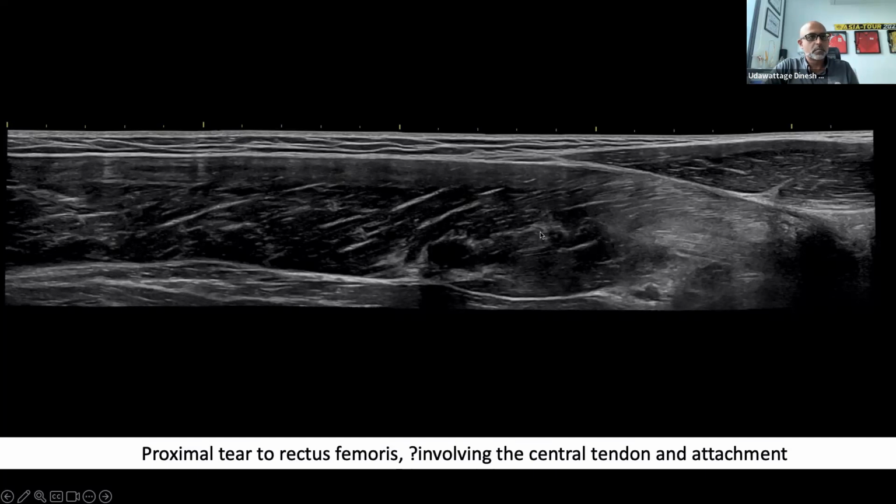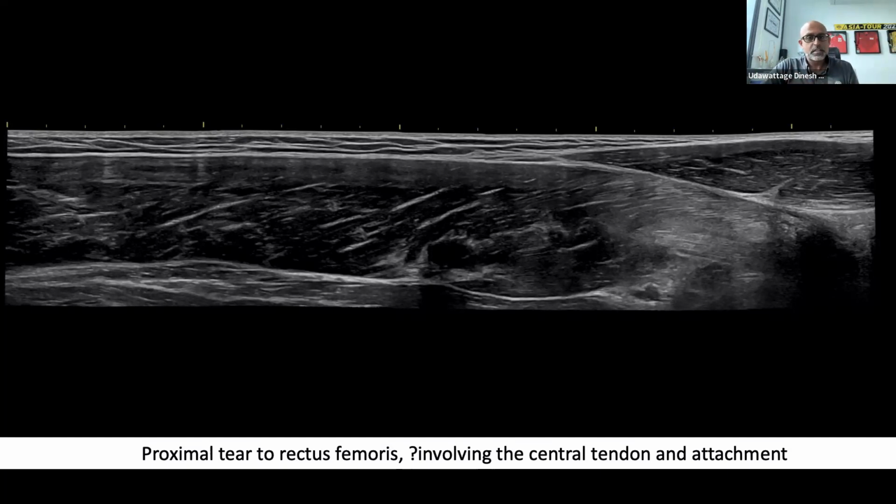As we come proximally, you can see this disruption starts to occur, maybe about in the proximal third. And then as we come towards the tendon area, it becomes very bright, hyperechogenic, and it looks like it's involving that myotendinous area.